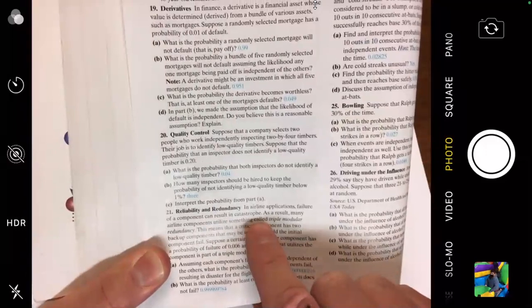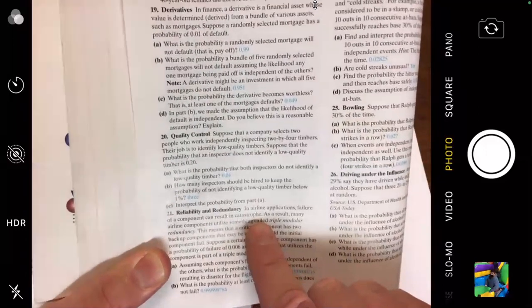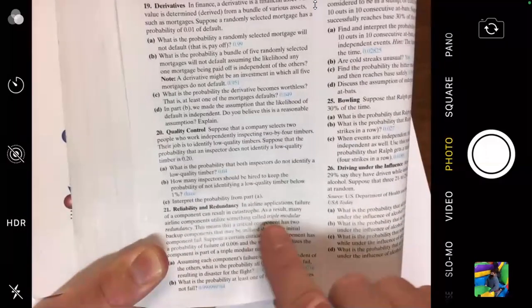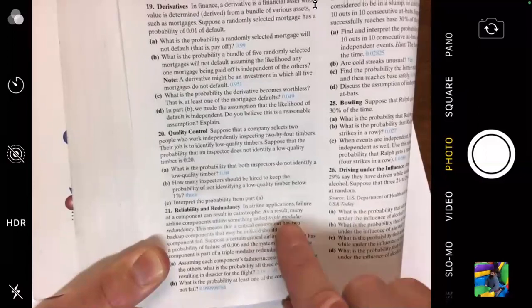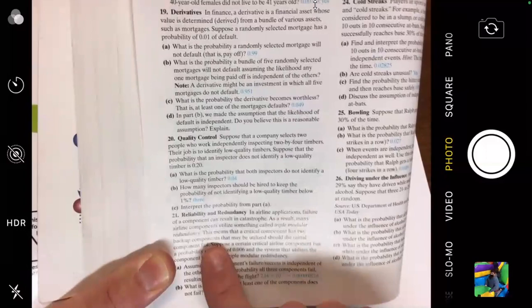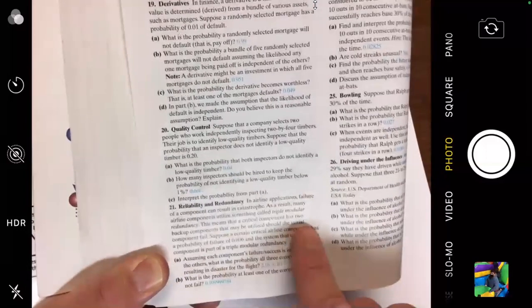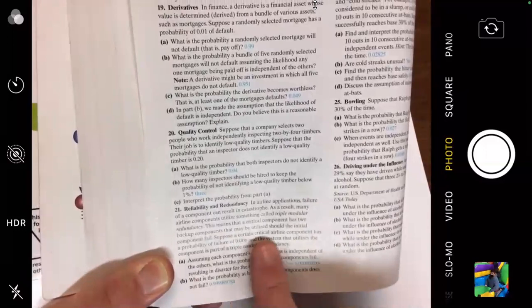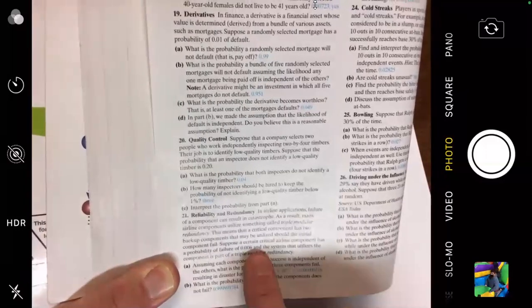It's called the airplane crashes. So as a result, many airline components utilize something called triple modular redundancy. This means a critical component has two backup components that may be utilized should the initial component fail. Suppose a certain critical airline component has a probability of failure 0.006.